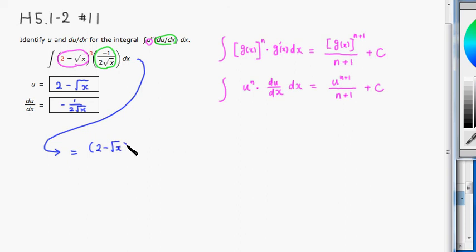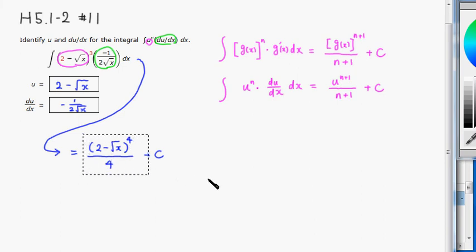And n plus 1 would be 3 plus 1, so to the 4th power, over n plus 1, which is 4. Then plus some constant c. So this is the antiderivative here. I'm going to just box it.